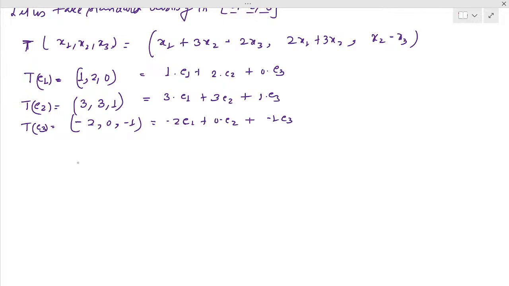So your matrix of linear transformation T is 1, 3, minus 2; 2, 3, 0; and 0, 1, minus 1. One needs to see, this is again homework for you: try to see whether this T is invertible or not.